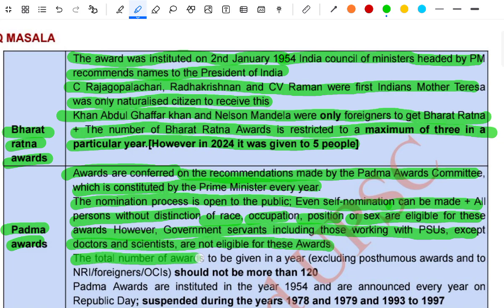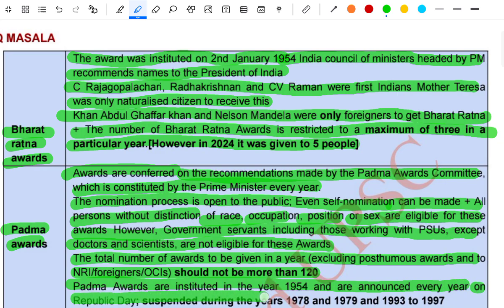The total number of awards to be given in a year, including posthumous awards and NRI, foreign and OCI, should not be more than 120. The Padma Awards were instituted in the year 1954 and are announced every year on Republic Day, suspended during the years 1978 and 1979 and 1993 to 1997.